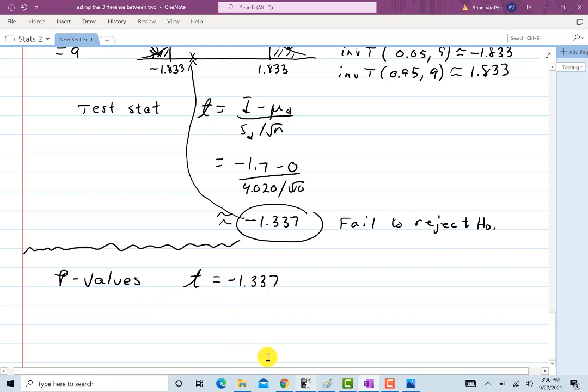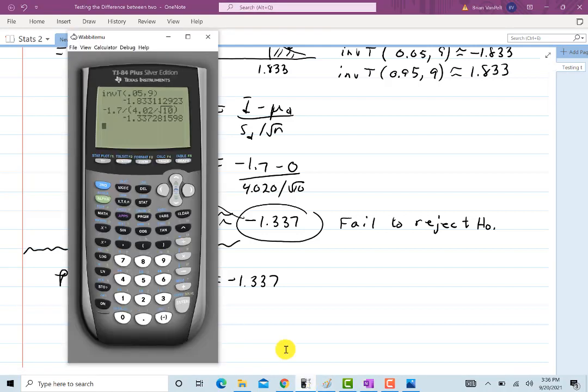So let's go ahead and see what this gives us. So let me go to t. Since I want an area, I need the cumulative distribution. So I need number 6. And now we want to start from negative infinity and go to negative 1.337. And then the degrees of freedom is 9. And enter your way out of it and see what we get.